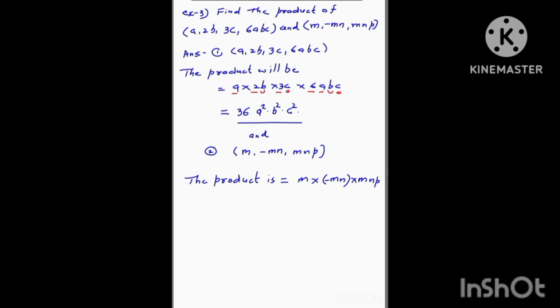Okay, so this will be, there are 3 m's. So this m and this m, it will be m cube into 2 n's, so n square, and 1 p, but the expression contains minus sign also, so we have to carry this minus sign like this. Okay, that's the answer, minus m cube n square into p.